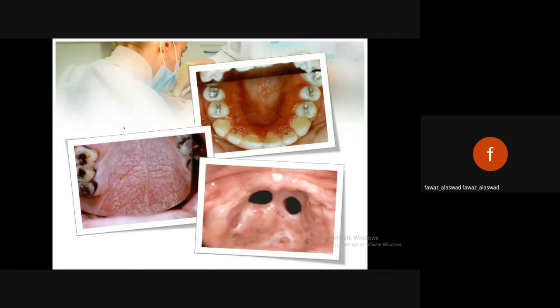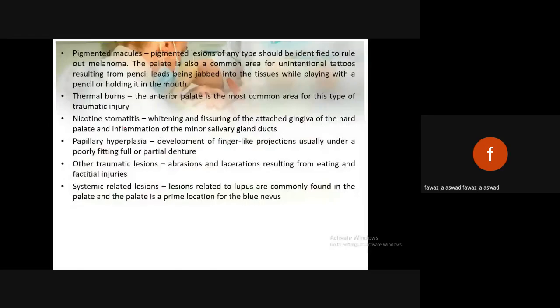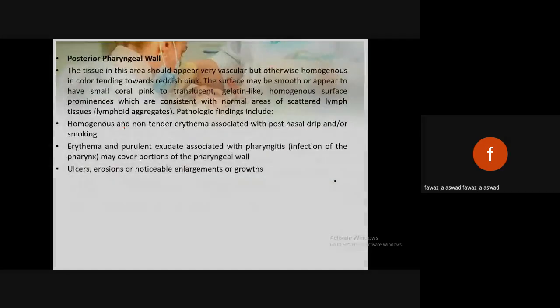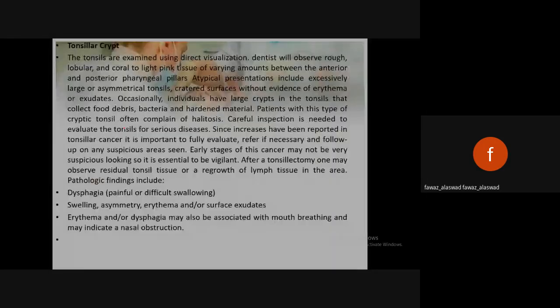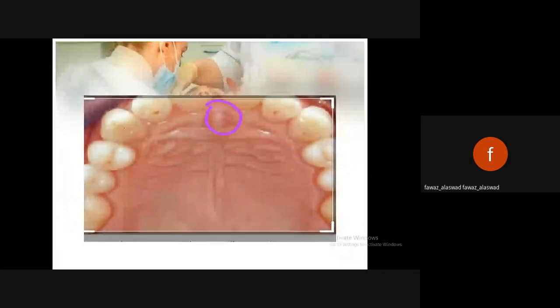Another area which needs to be investigated is the palate. What are we going to see in the palate? First of all, let's look at the anatomy of the palate in general.